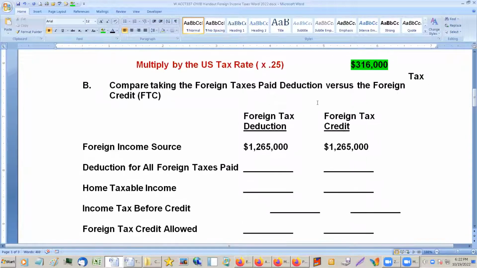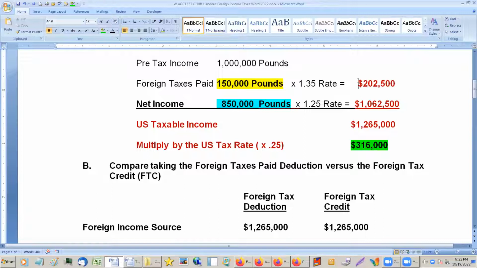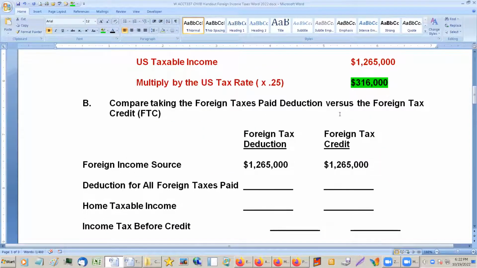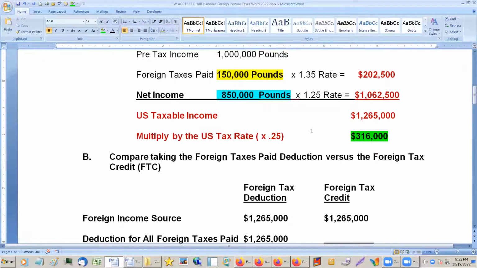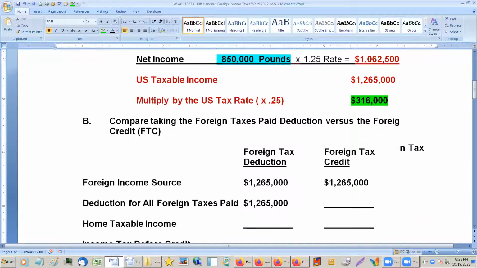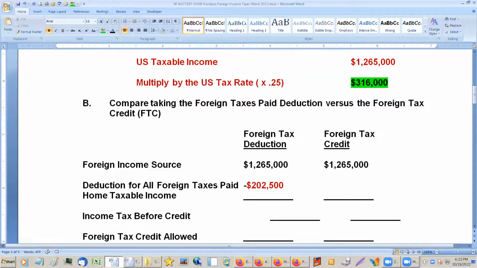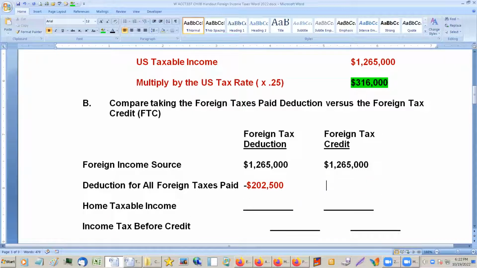Now, deductions. You can take the 202,500 as a deduction. Say, hey, these are expenses that we had in a foreign country. Let's try this again. And so we're going to take this as a deduction. Over here, the deduction would be 0, because we're going to take a credit instead of a deduction.